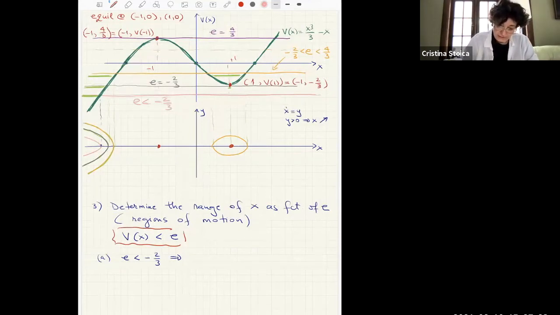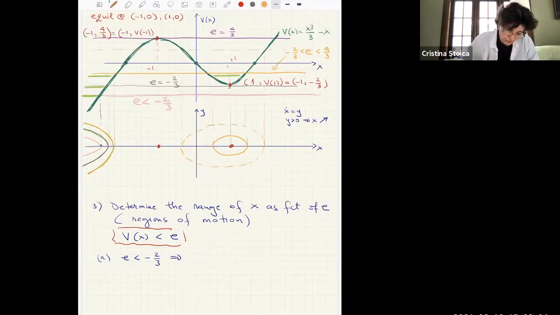Now, this orange level stays up to E equals 4/3, right? So up to E equals 4/3, I'll still have, see, for this one, for instance, here, I'll have this one. Right? This kind of trajectory. And here it ends up here.